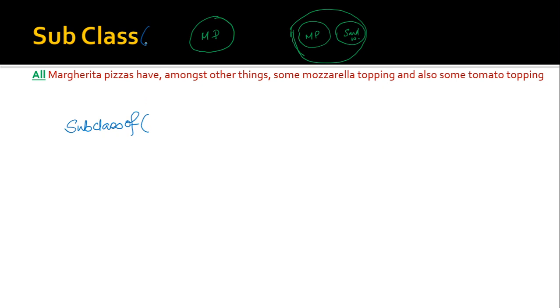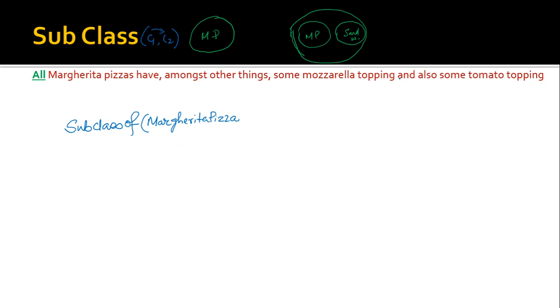Again, you will have two classes. So C1 is a subclass of C2. C1 is a subclass of C2. So margarita pizza is a subclass of something that has some mozzarella topping and some tomato topping.